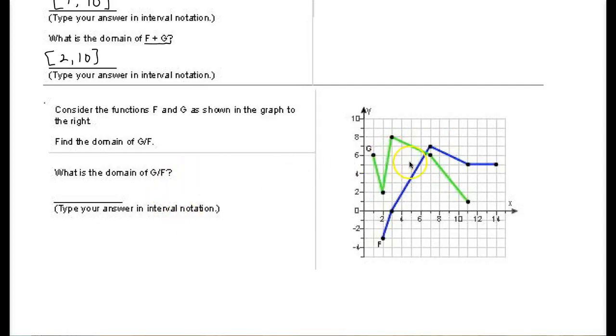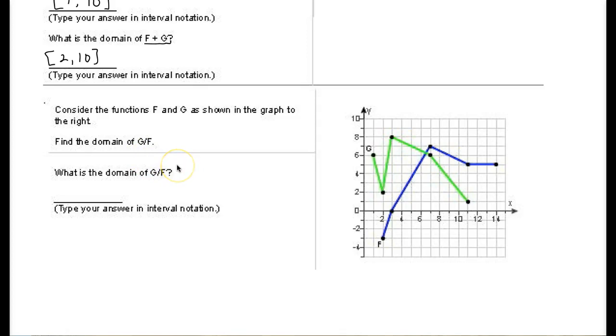All right, so we're given a graph of f and g again, and what we're asked to do now is find out what the domain of g divided by f is, or the quotient of g and f. So again, the g divided by f graph can only exist and be defined for places where 1, the graphs overlap, and 2, when the function f is not equal to 0.